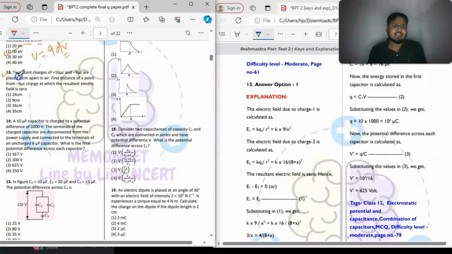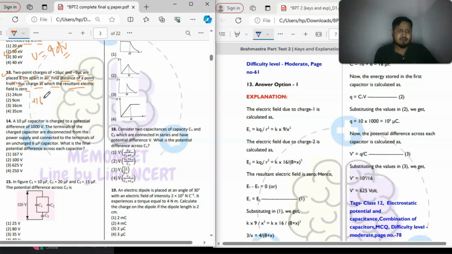The question is that two point charges of plus 16 microcoulomb and minus 9 microcoulomb are placed 8 centimeter apart in air. Find the distance of a point from the minus 9 microcoulomb charge at which the resultant electric field is 0. Here the concept is equilibrium.